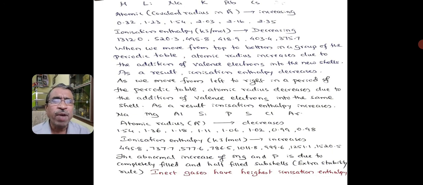For example, when I take hydrogen, lithium, sodium, potassium, rubidium and cesium, their atomic radii are 0.32, 1.23, 1.54, 2.03, 2.16 and 2.35, all in angstroms.